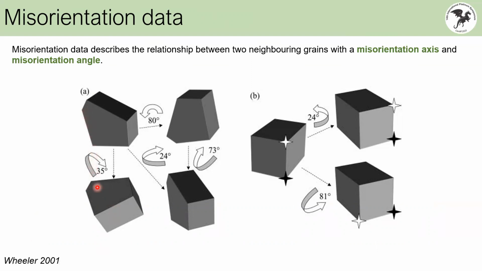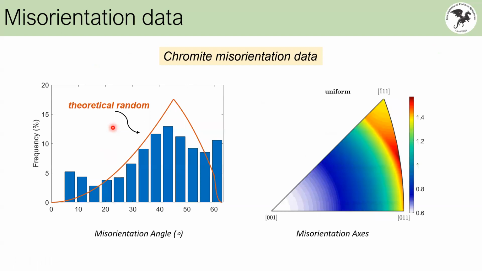For example, to translate one grain to the same orientation as the other, you need to rotate it by a certain angle along a certain axis. Does that make sense? These are very important parameters to define the relationship between neighboring grains. So we are talking about misorientation angles and misorientation axes.